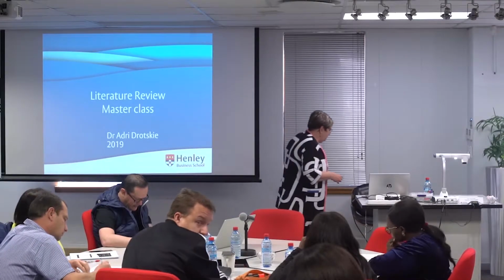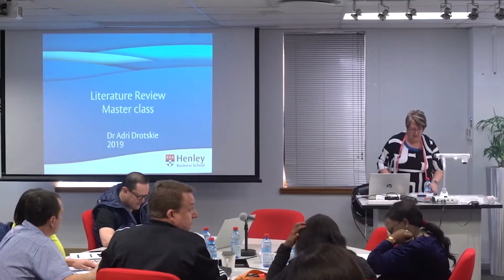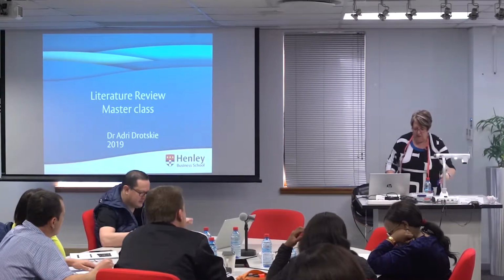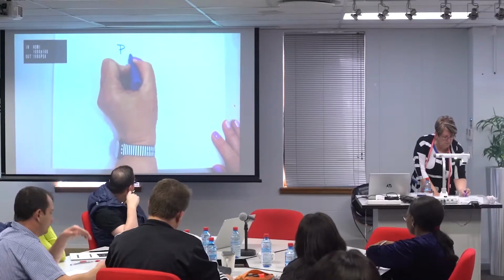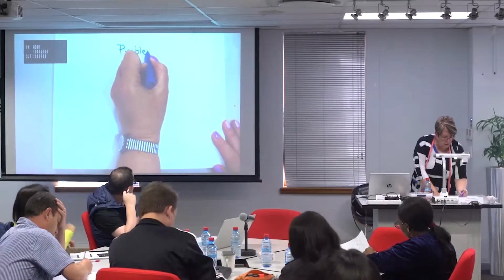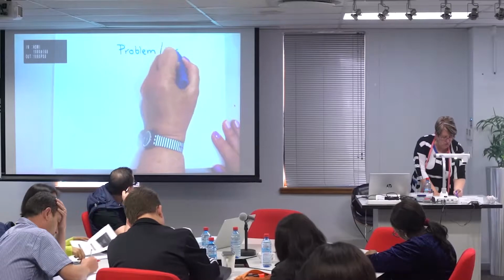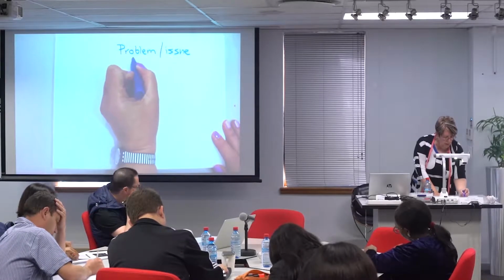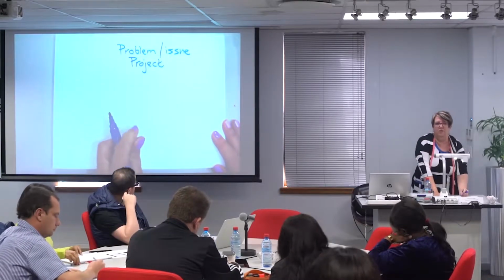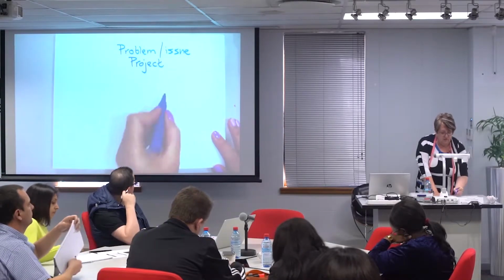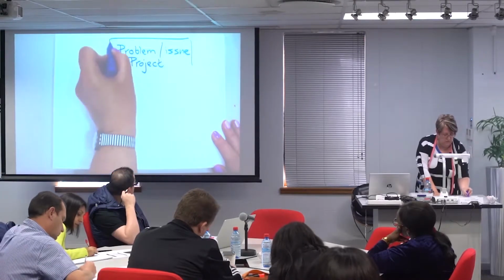Okay, so the first thing that I want to start with this morning is where does a literature review fit into a research process? Any research process that you do, you have a problem or a certain issue that you want to deal with, or in the case of the PG DIPs and the people in the MBA who do an IBP, there's a certain problem that you want to deal with.